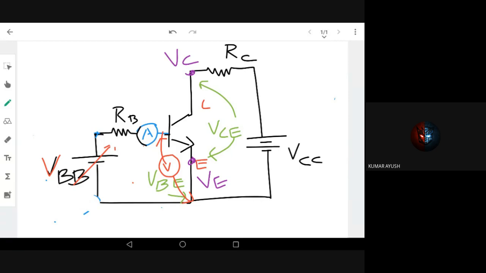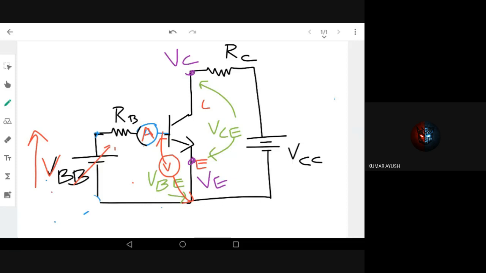I'm changing VBE by changing VBB, and after each variation of VBB, I can measure the ammeter current, which is nothing but IB. Starting with 0, I'll measure VBE, then I measure the current.